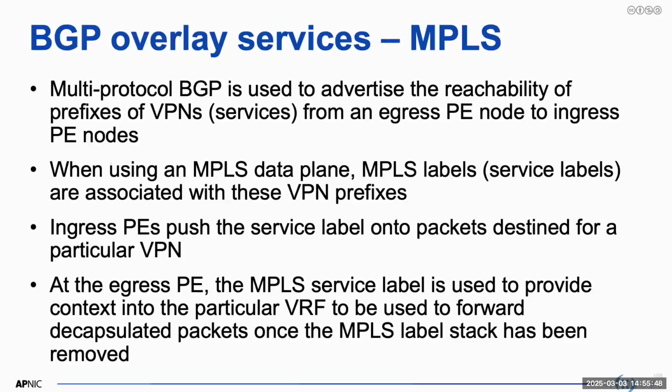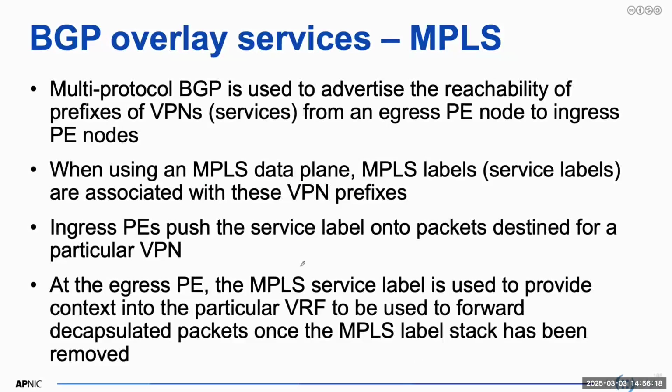Another protocol that we use for the overlay services is BGP, and in that case, BGP helps us provide the overlay services, similar to the concept in MPLS. In MPLS, we use multi-protocol BGP to advertise the different reachability or different VPN services from one PE to another PE.